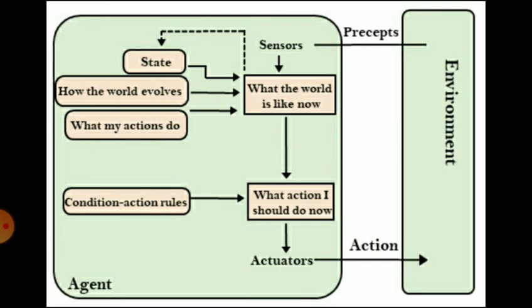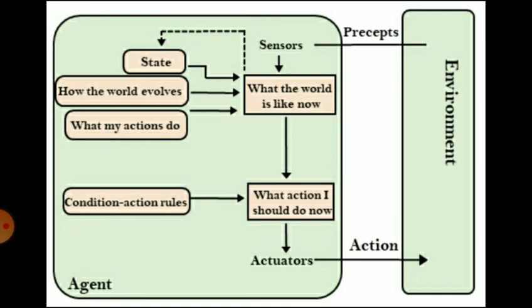So according to that, the next block is what action I should do now. That action will be taken according to the current as well as past history, and according to the condition action rule.